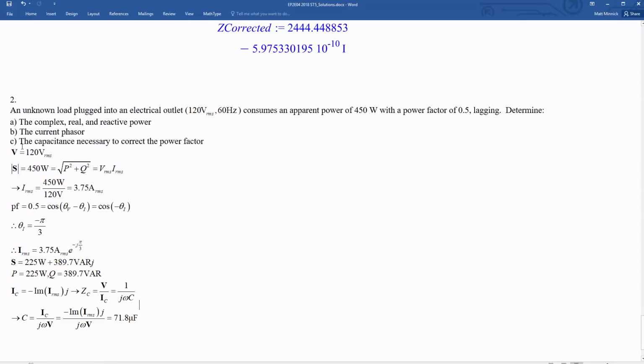So to recap, they told us what the RMS voltage was, and they told us what the apparent power was, and the apparent power is the magnitude of the complex power, which allows you to say what the RMS current amplitude is. So the magnitude of the RMS current is 3.75 amps RMS, and the power factor of 0.5 is the cosine of the difference in phase.